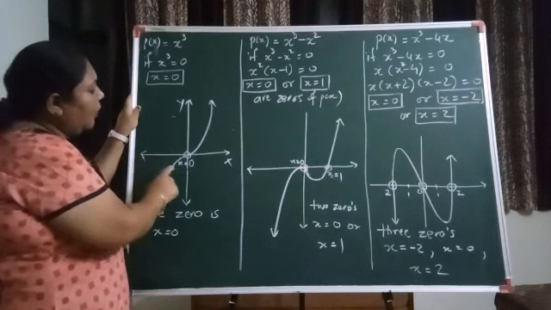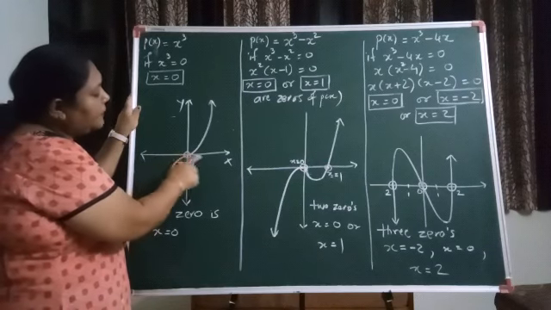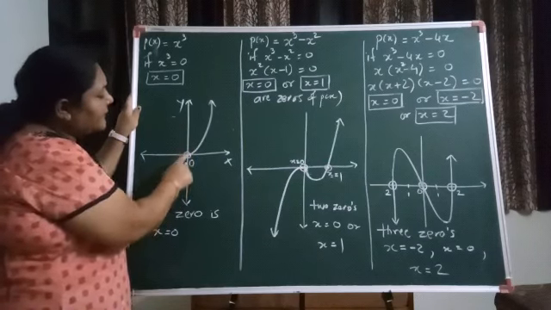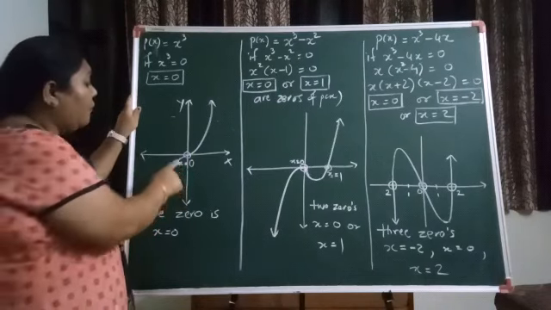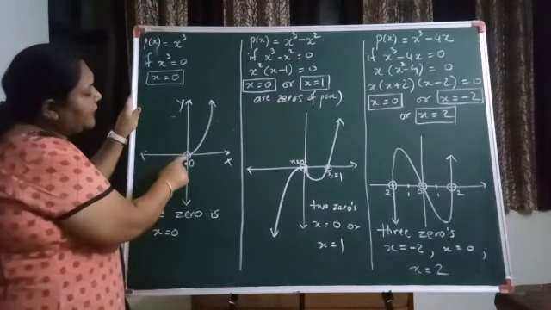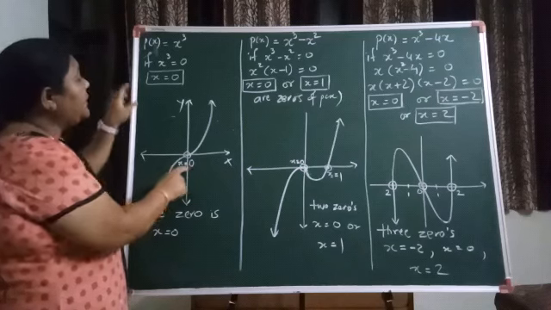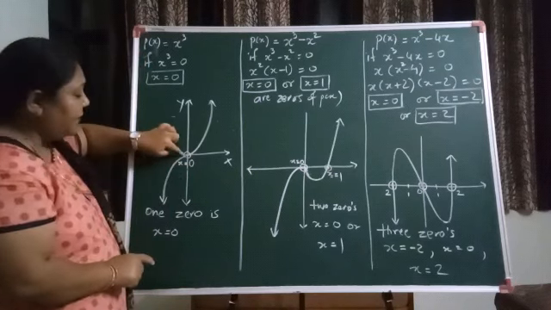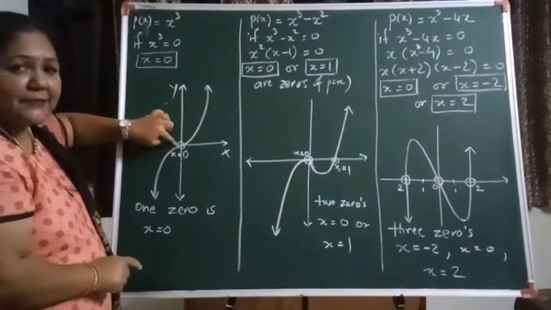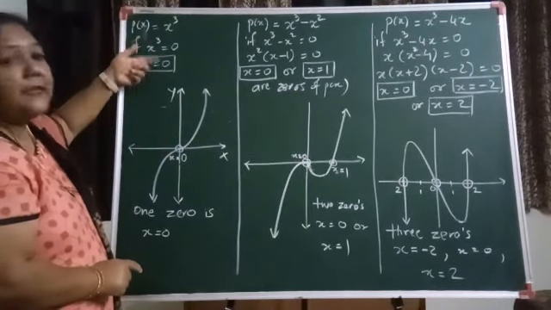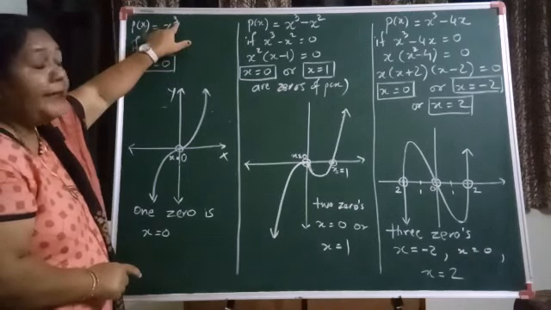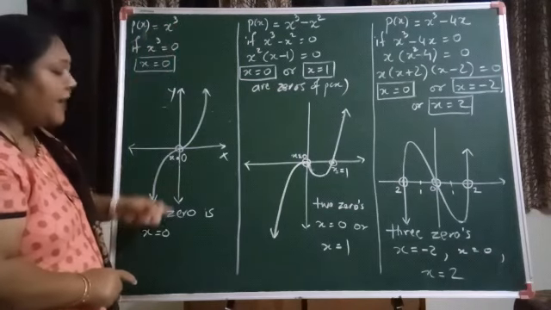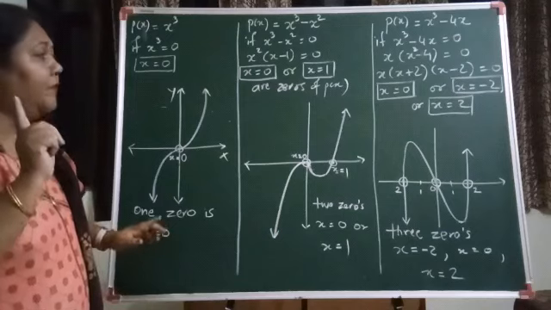So my graph intersects the x-axis in exactly one point, and that point is the origin, that is, x is equal to 0. Our graph is intersecting the x-axis at x is equal to 0. That means even though the degree is 3, it is having only 1 zero.